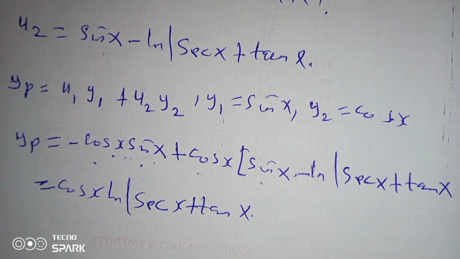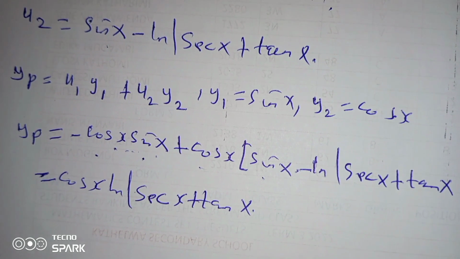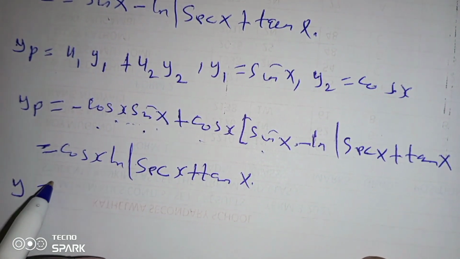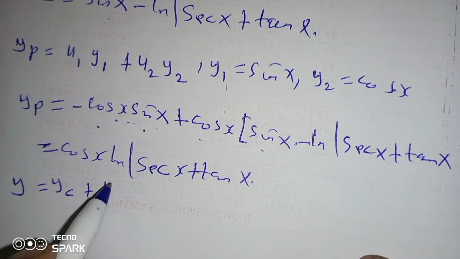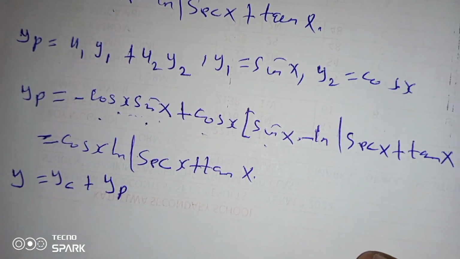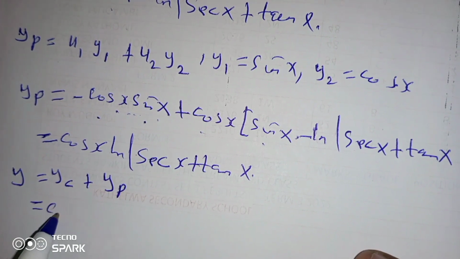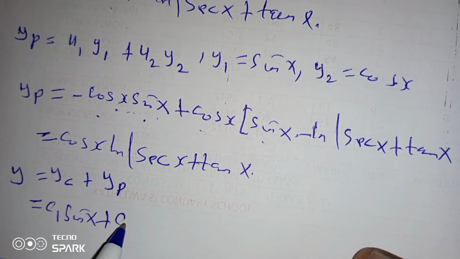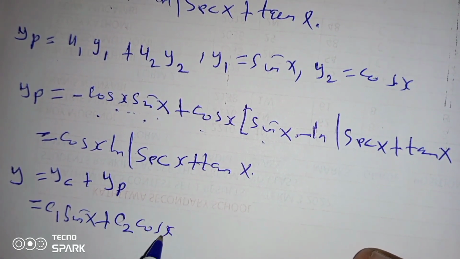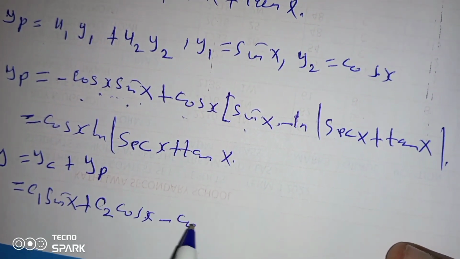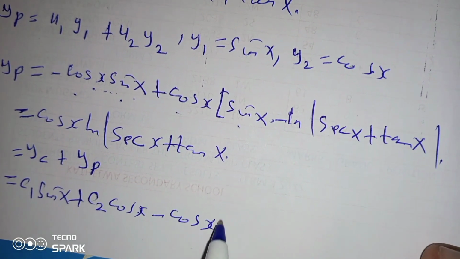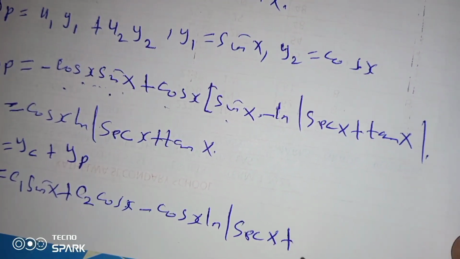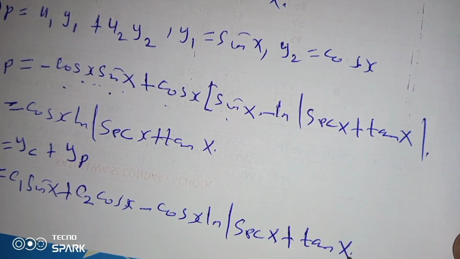Now finally, our solution will be given by y is equal to yc plus yp. Our y, which is equal to c1 sin of x plus c2 cos of x, then minus cos of x natural logarithm of sec of x plus tan of x.